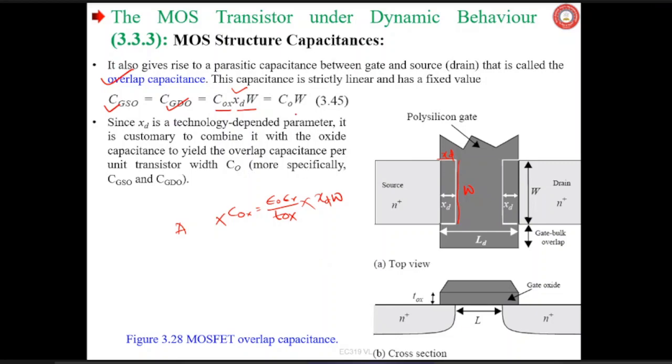Yes, sir. And it can be denoted as COW. Since XD is a technology dependent parameter, it is customary to combine it with the oxide capacitance to get the overlap capacitance per unit transistor width, CO. More specifically, it is CGSO or CGDO.